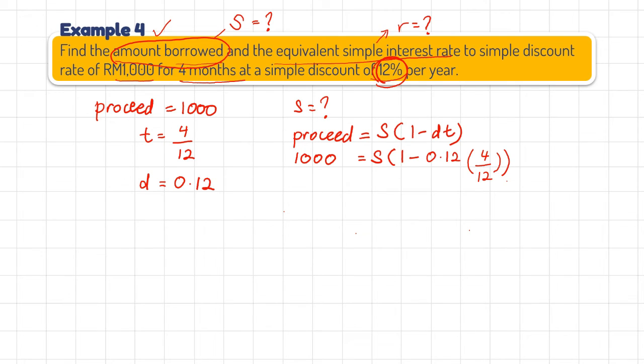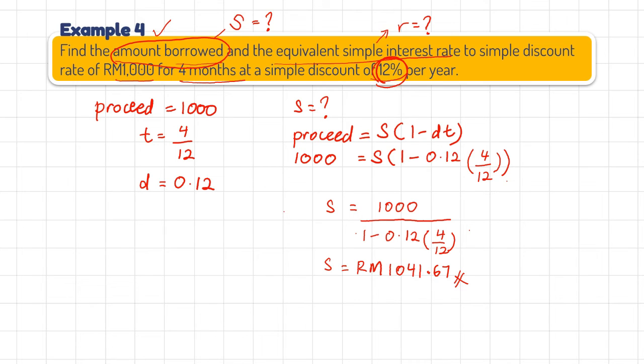Simplify the equation and we will get S equals 1,000 divided by 1 minus 0.12 times 4/12. Press your calculator and you will get S is RM 1,041 ringgit and 67 cents. The unit for proceeds is RM. This is the answer for the amount that was borrowed.